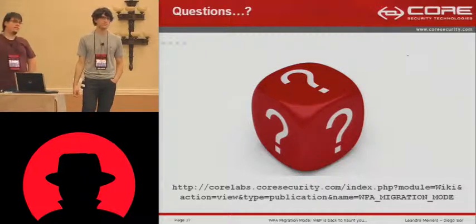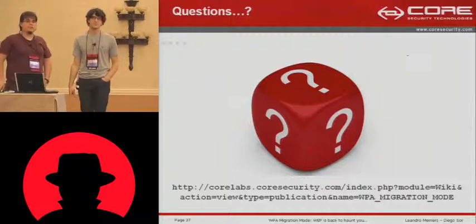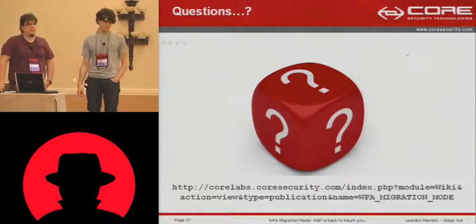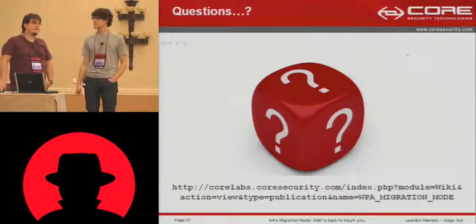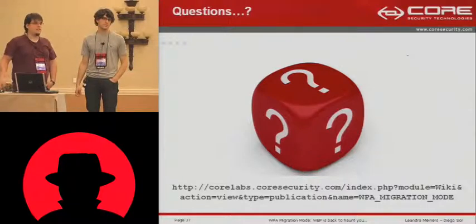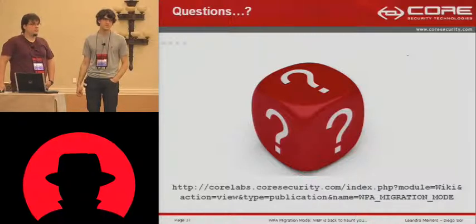There are some types of attacks that you could carry out. We did not focus on that. There might be some possible ways, but the thing is that since you already have the WEP key and you can connect to the network, obtaining the WPA key is not going to give you any additional information. So we didn't go down that road. Sorry?